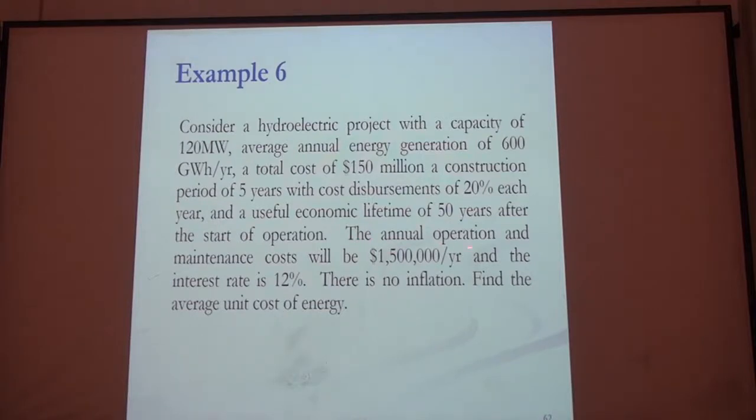The annual operation and maintenance cost, which is also written as O&M cost, will be $1.5 million per year, and the interest rate is 12%. There is no inflation. Find the average unit cost of energy.